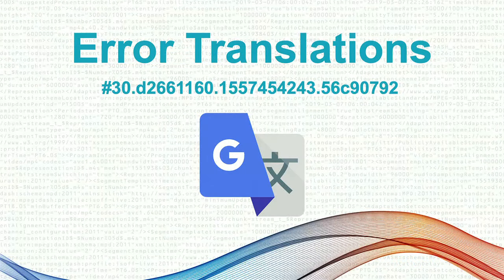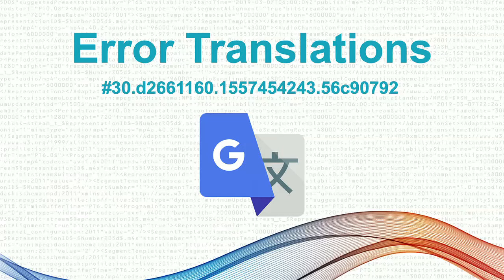So the next feature is error translation. I'm pretty sure that many of you have seen this character string before. At first glance, it doesn't make any sense, but it really does. We call this string a reference number, or error string. Error translation allows you to get the request time, edge server IP address, and unique request ID based on this string.